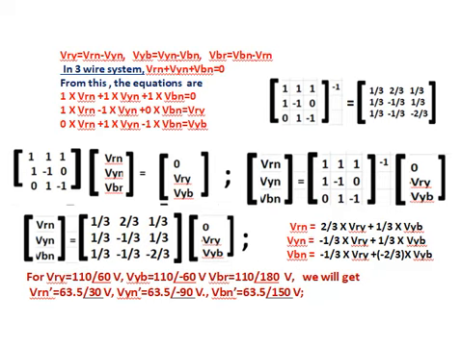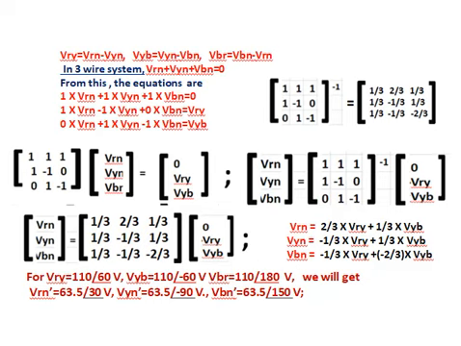Now we are going to see the matrix used to find VRN, VYN, VBN from VRY, VYB, VBR voltages. We know VRY equals VRN minus VYN, VYB equals VYN minus VBN, VBR equals VBN minus VRN. In a three-wire system, VRN plus VYN plus VBN equals 0.